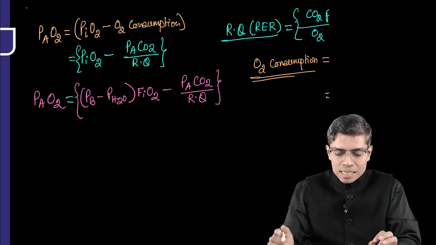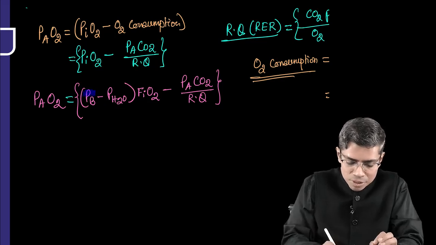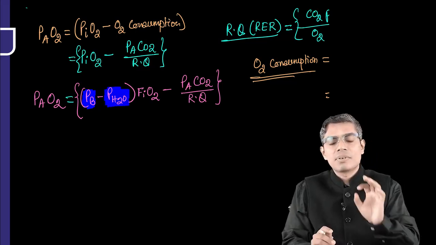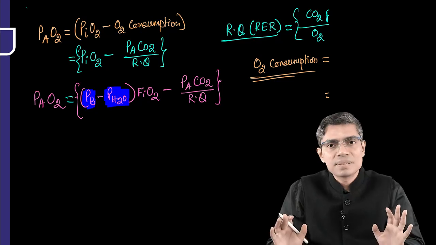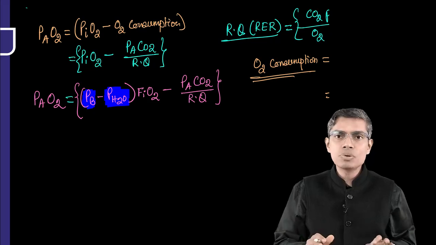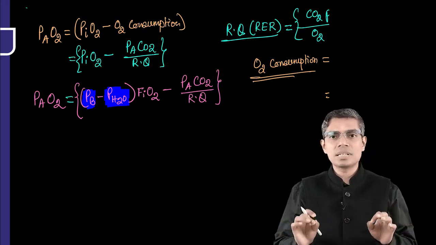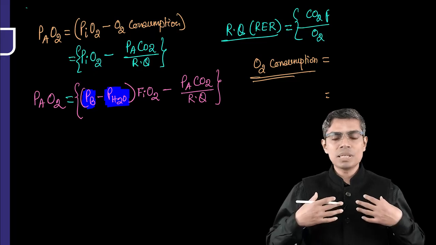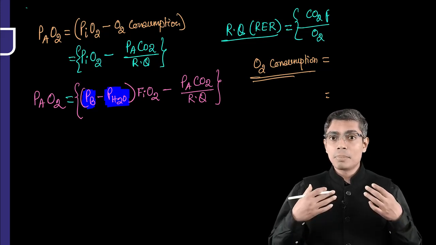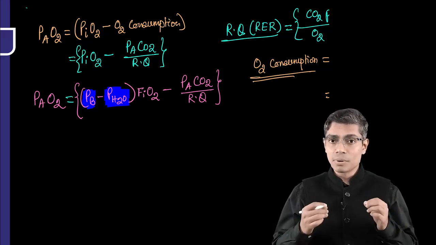So what do you require? You require Pb, that is the barometric pressure. You require the partial pressure of water, that is 47, and I told you that is a fixed value. If your body temperature is not changing, then the PH2O will remain constant, and that is 47 millimeter of mercury. So whenever your core body temperature is 37 degrees centigrade, the partial pressure of water vapor is 47.